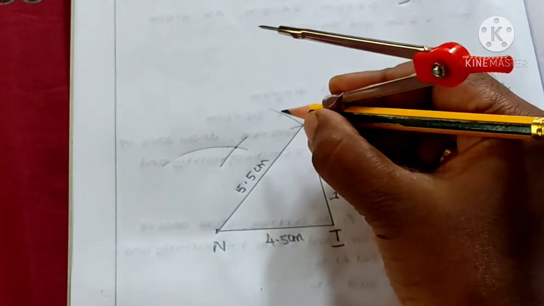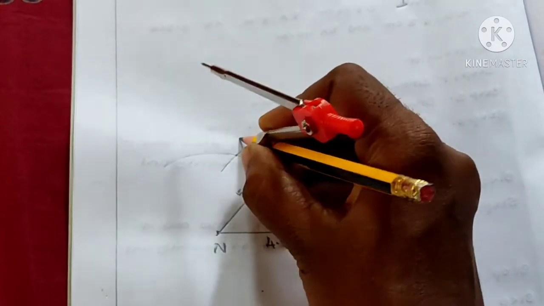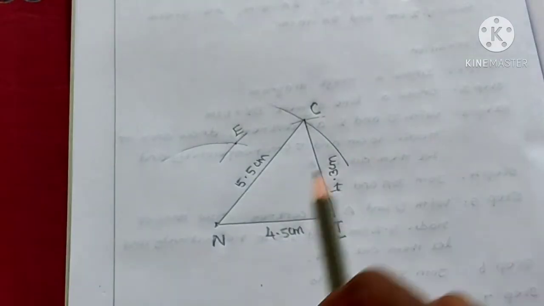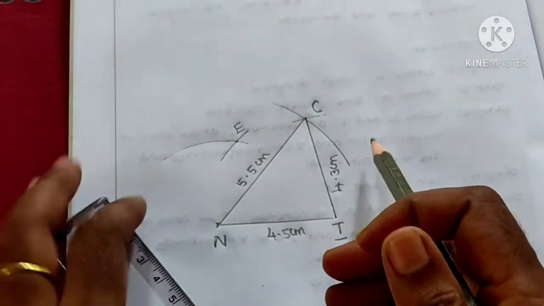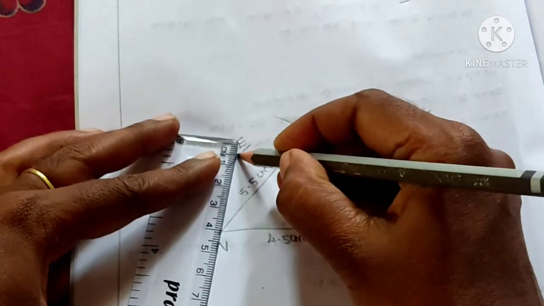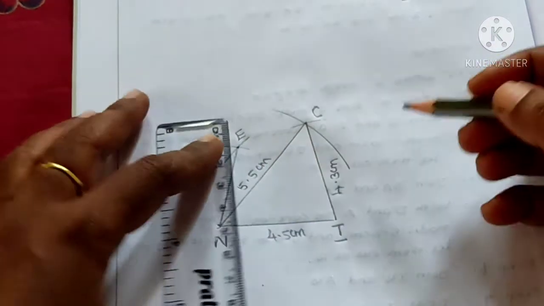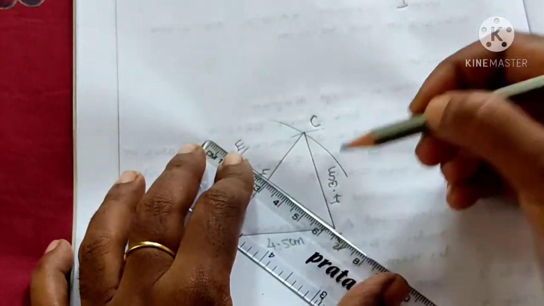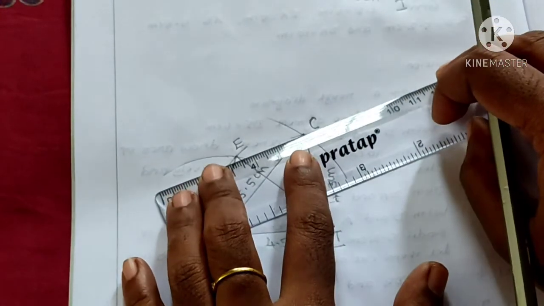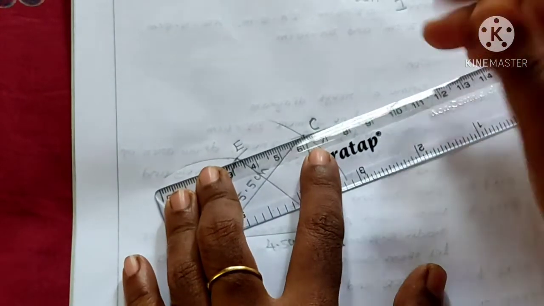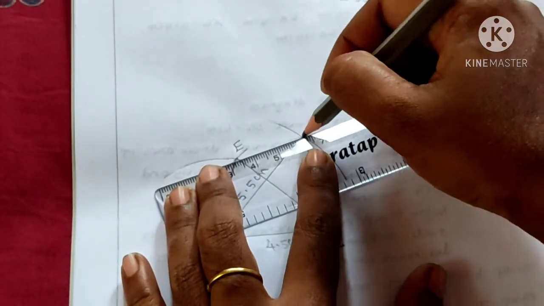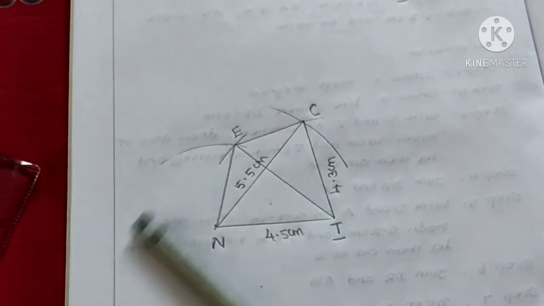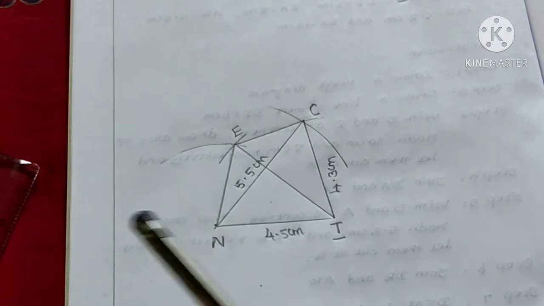So the intersecting point is E. Now I join NE, IE and CE. So this is the NICE quadrilateral.